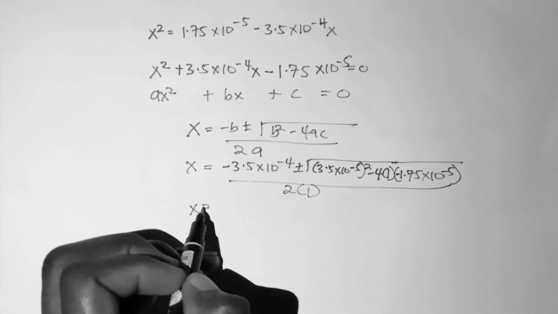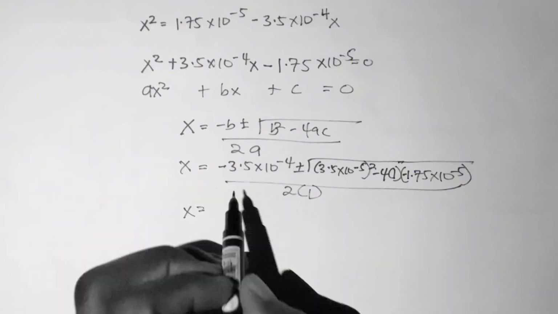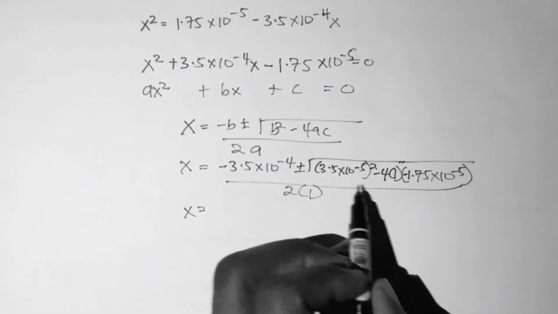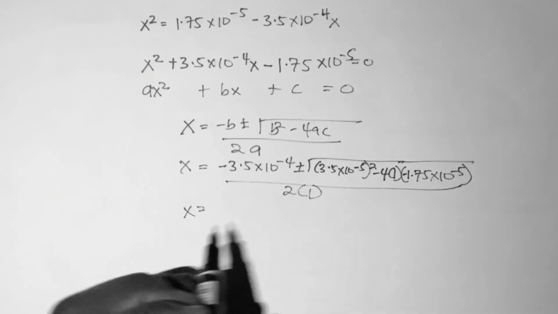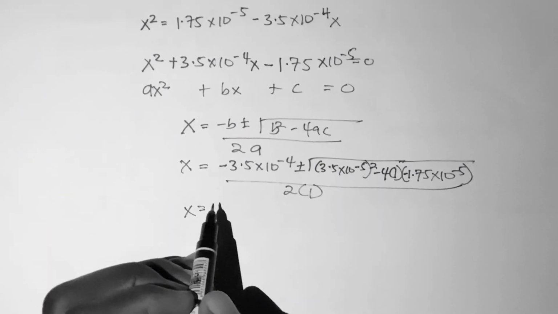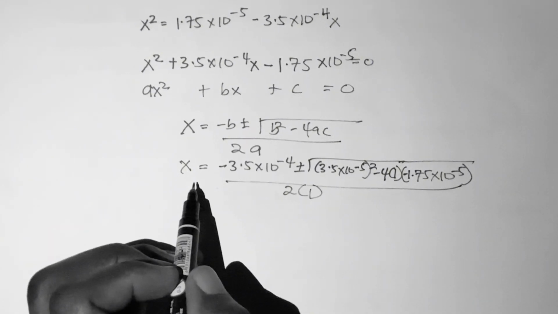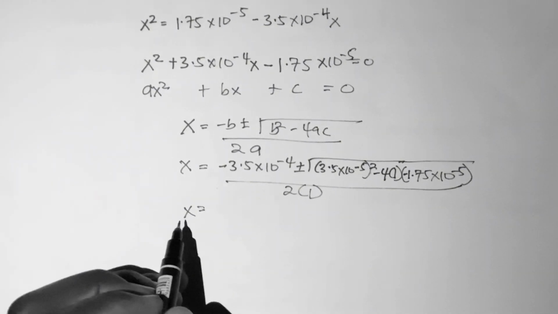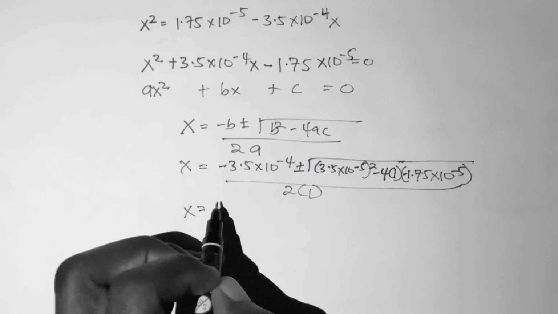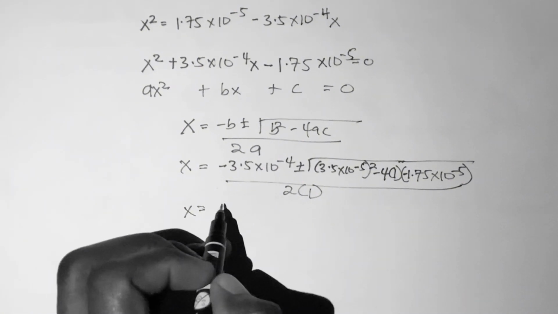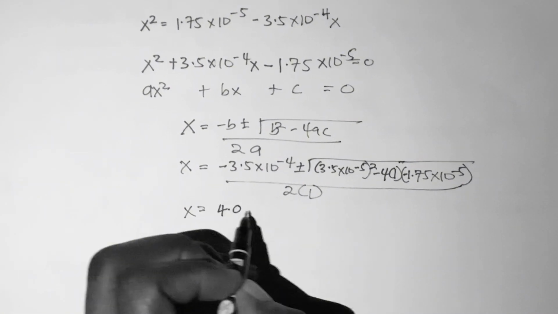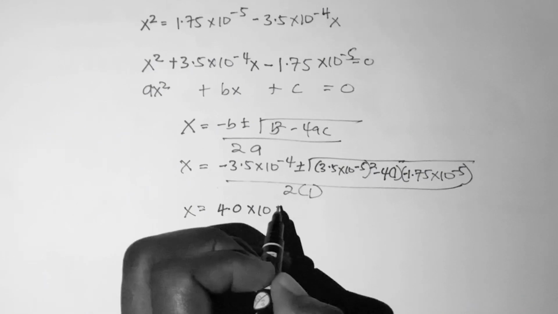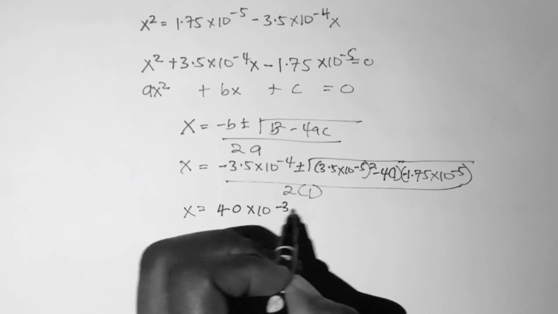So x is equal to, now we are going to get two values, which is a negative number and a positive number. But because we cannot find the logarithm of a negative number, we are only going to write the positive number. So x is equal to 4.0 times 10 exponent minus 3 molar.